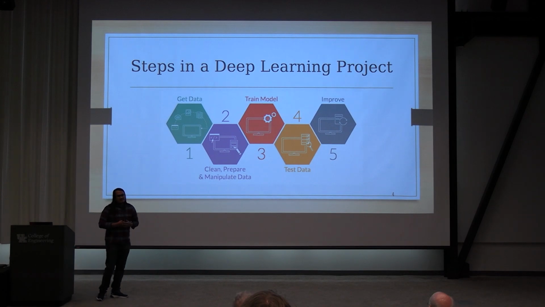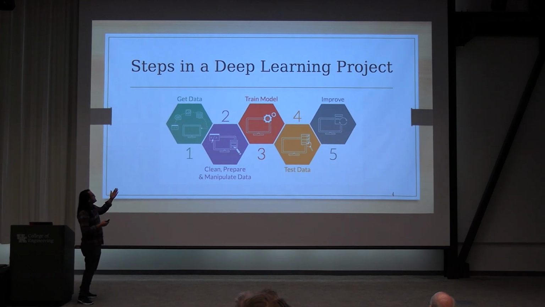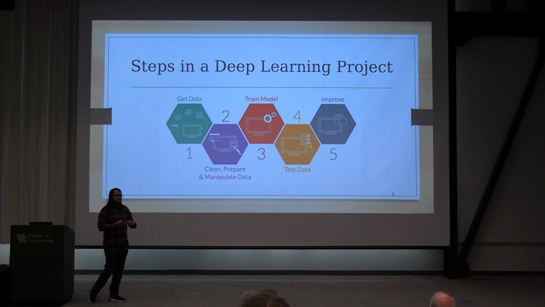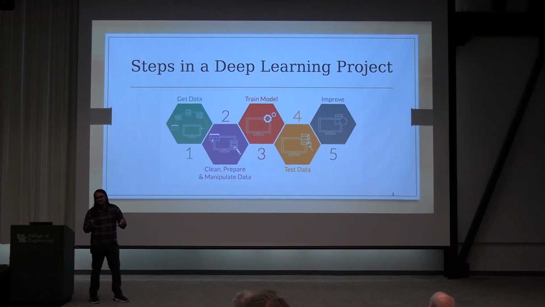So let's briefly talk about the steps that we normally have in a deep learning project. We initially start with getting data. Normally, in most cases, there are data sets available out there. We just use those directly. In some cases, we have to create our data ourselves. But nevertheless, you have a source of data. That is the first step.